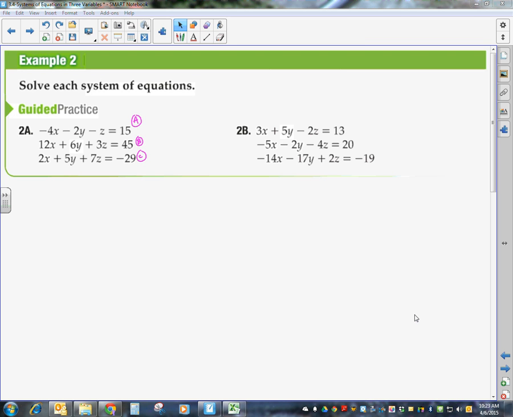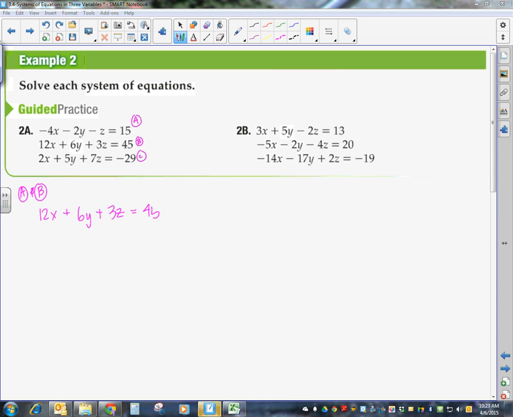Okay, so continue with A. I'm going to combine A and B. Let's write down that I'm going to do A and B together. B is 12x plus 6y plus 3z equals 45.